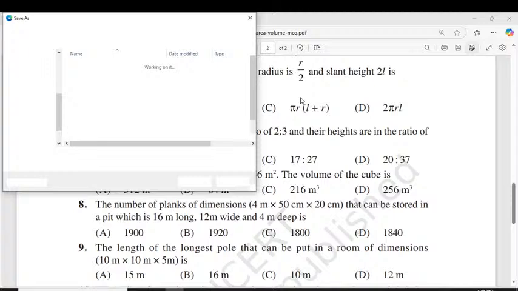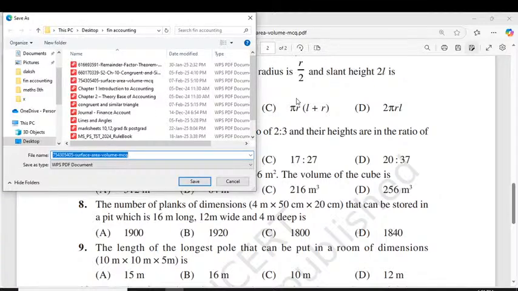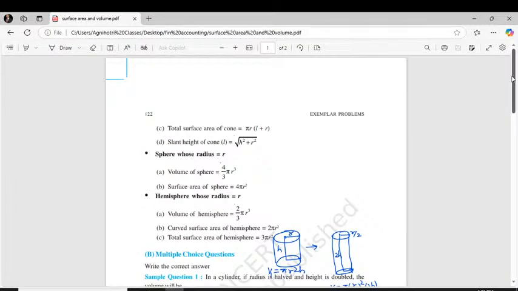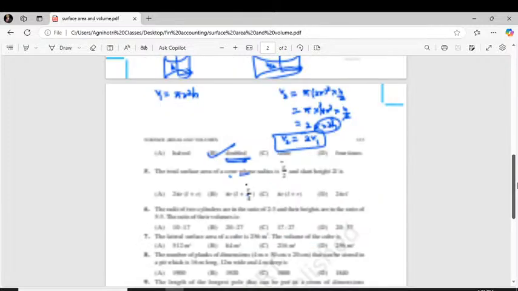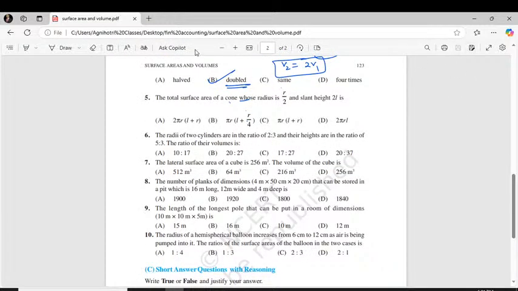Okay, let's discuss them all quickly because there are 10 something questions I have considered for today's discussion. Let's quickly go through them all. And so far we have done up to 5.